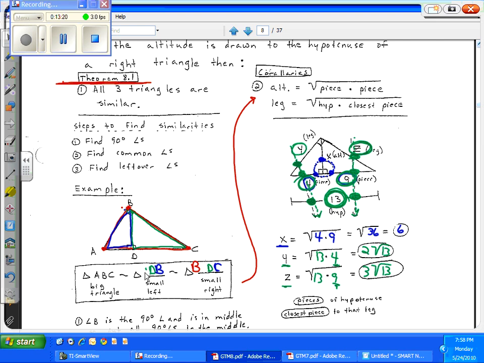So A of the big one and A of the small left are equal because they're both A. Notice that C of the big one and C of the small one on the right are the same angle C, so they went together. So we named that similarity. Let's see how we got that. Okay?